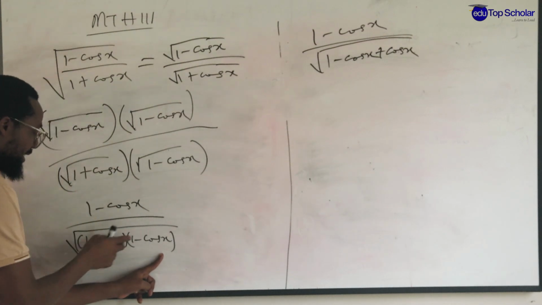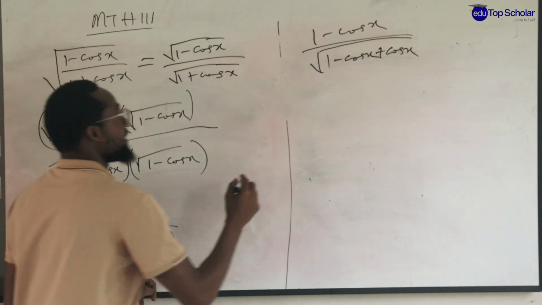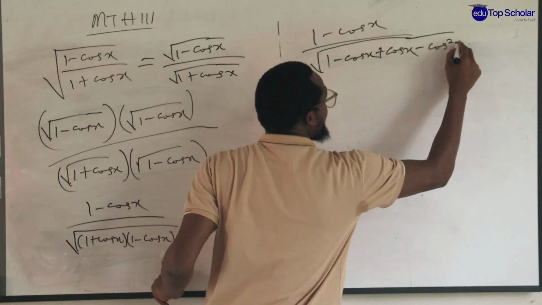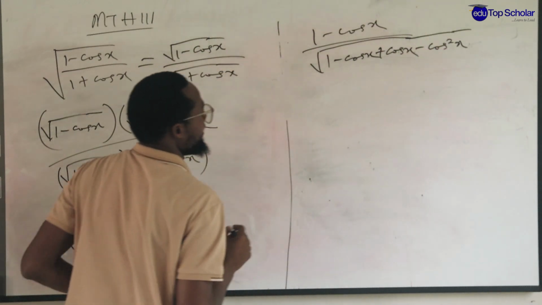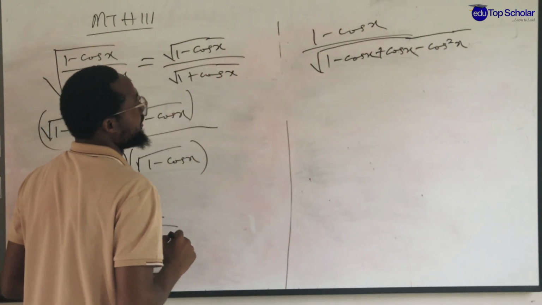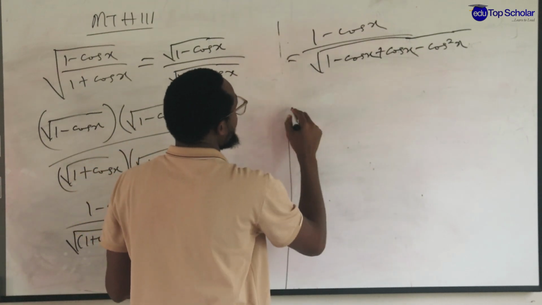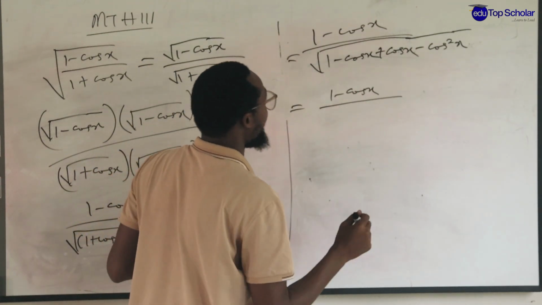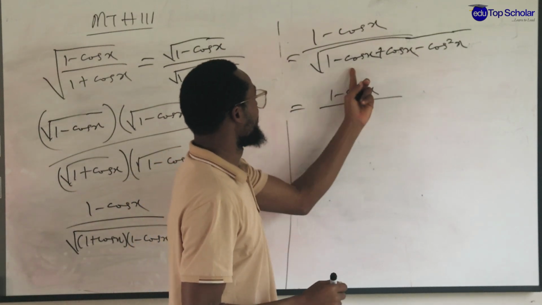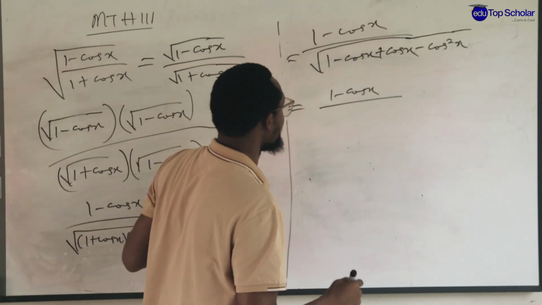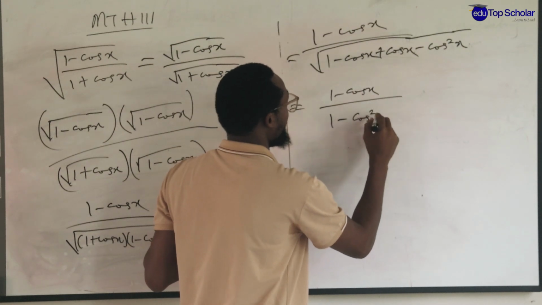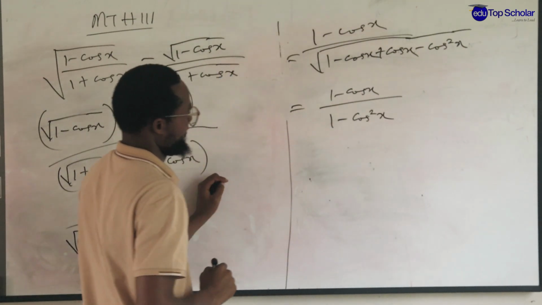And now cos x by minus cos x, that will be minus cos square x. Okay? And from here, minus cos x plus cos x, that's 0. So we're left with 1 minus cos square x.